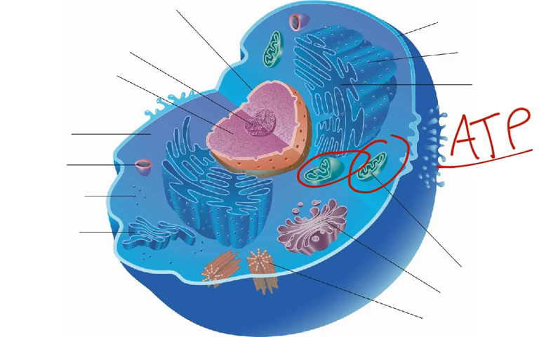The mitochondria is the powerhouse of the cell. It produces all that ATP so our body can perform functions. It does that by the oxidation of glucose. It oxidizes glucose, which we'll talk about when we get to chapters 6 and 7 and look at cellular respiration. You can see another mitochondria over there.